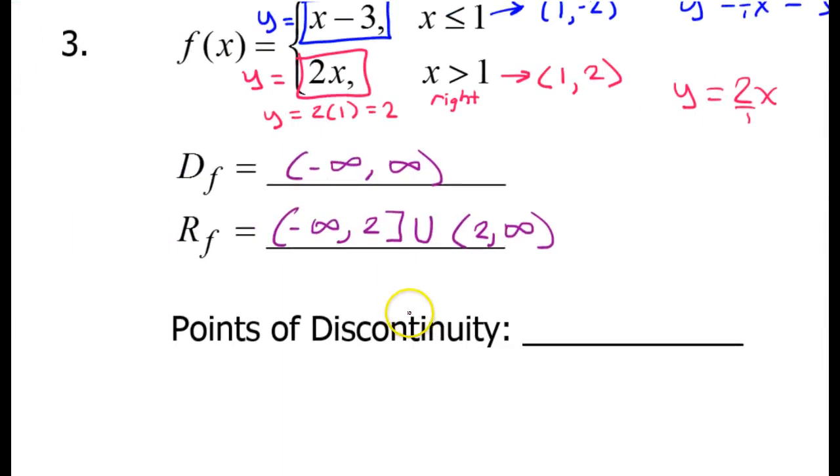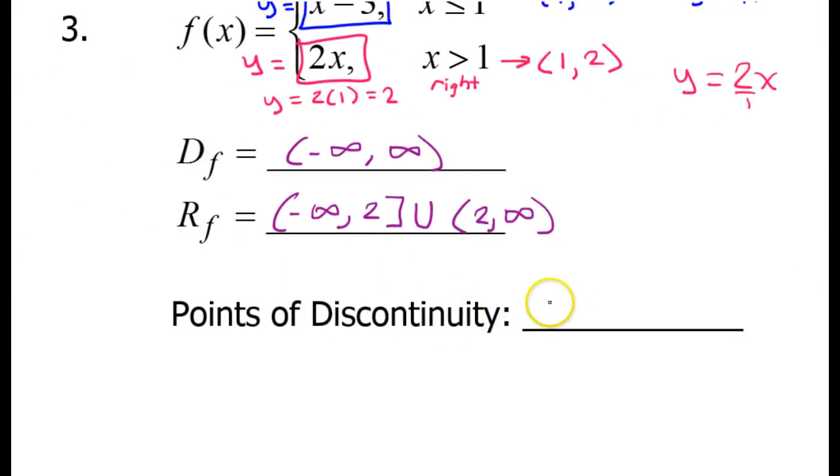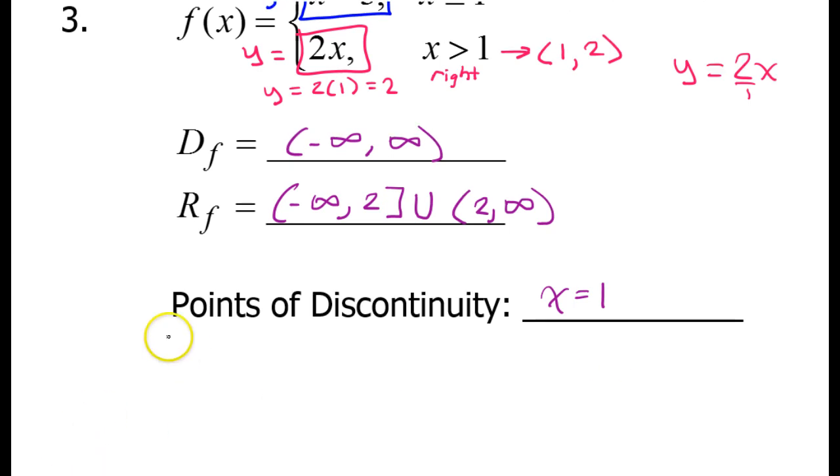So we will say that there is a discontinuity at x equals 1. So you can think of points of discontinuity as the x values of the break. All right, a discontinuity is just a break in the graph.